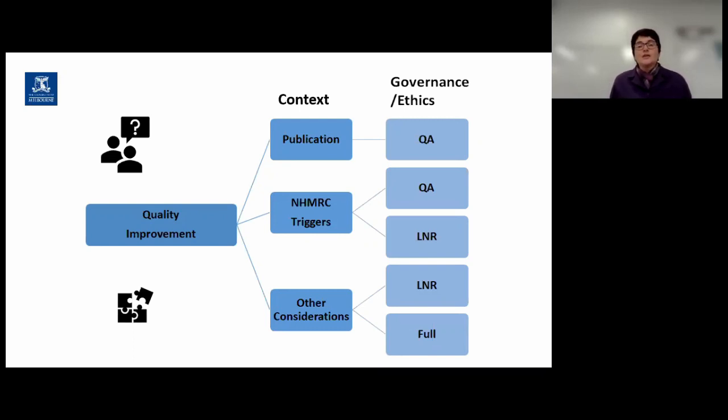It could be research with Aboriginal and Torres Strait Islander populations, which need further consideration, and also other vulnerable populations, such as people who might be in prison, people who don't have the capacity to necessarily speak for themselves or provide consent.